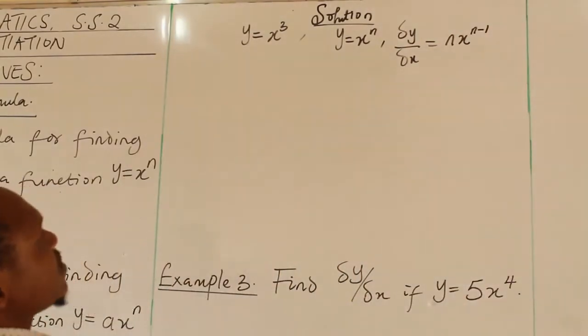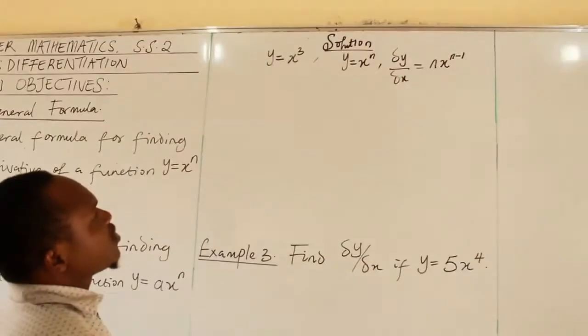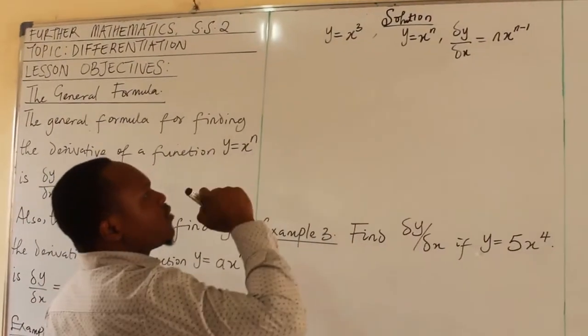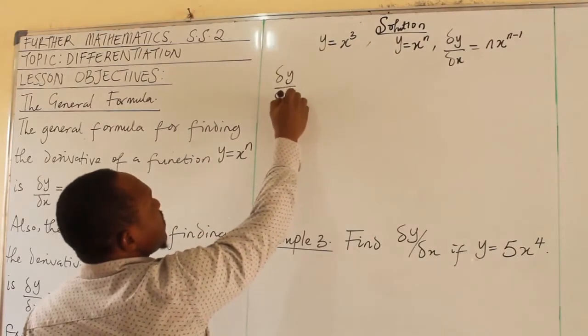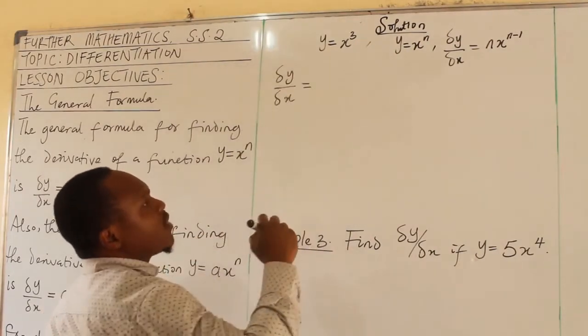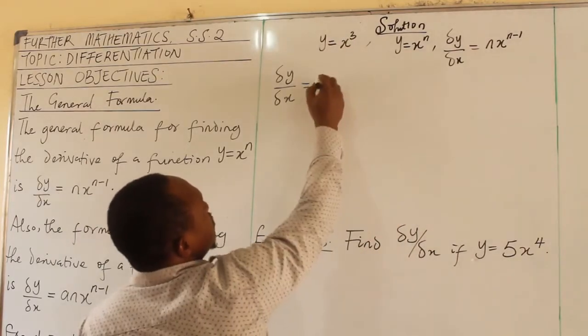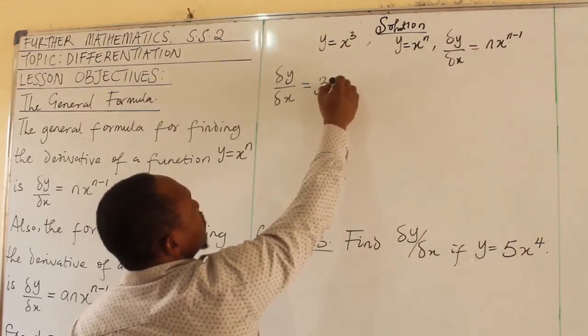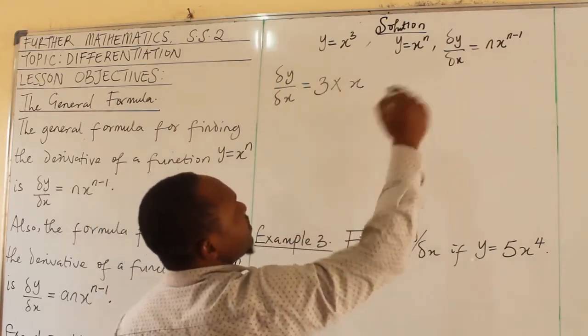So in this case, since we have y is equal to x power 3, then looking at the general formula, dy over dx will be equal to our n, in this case, is 3. So 3 multiplied by, according to the formula, x raised to power n minus 1.